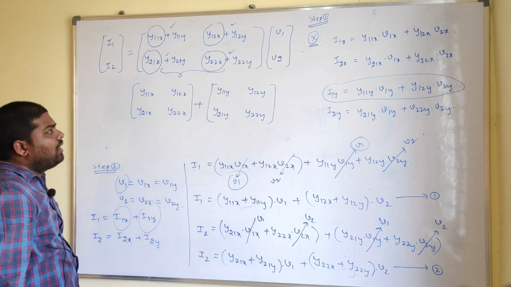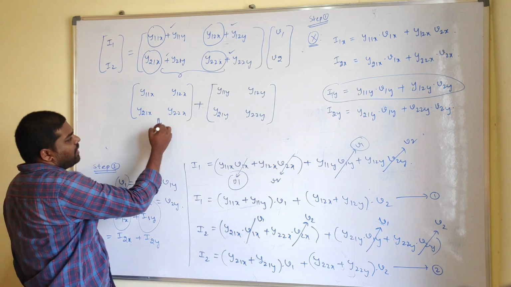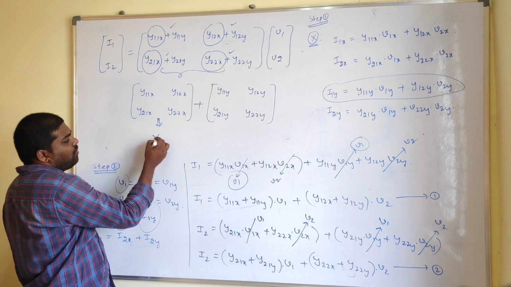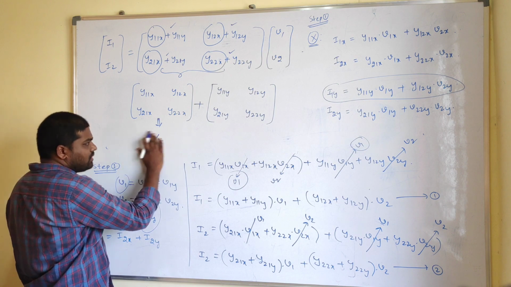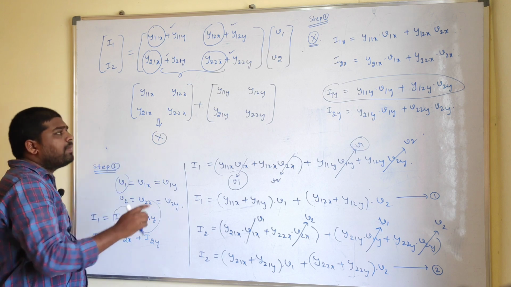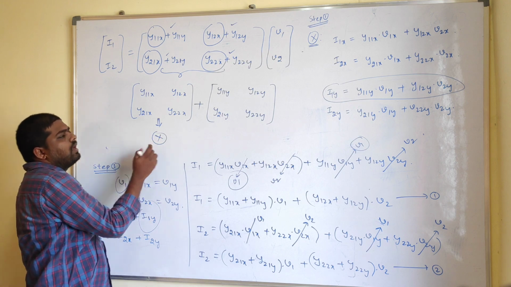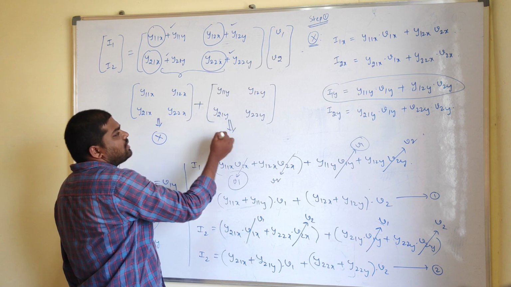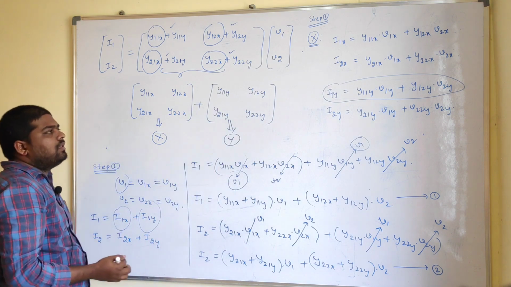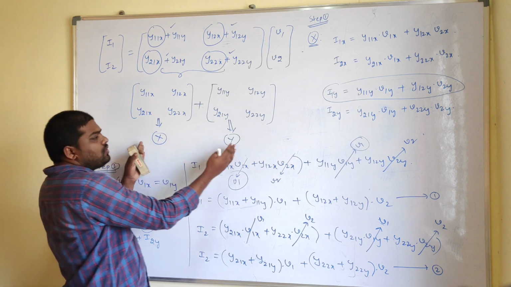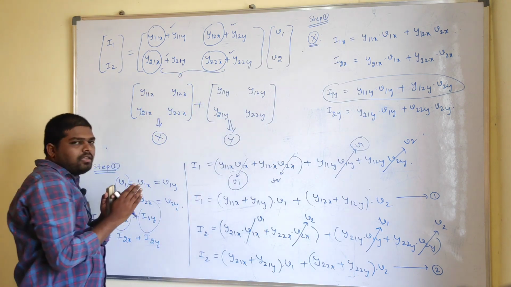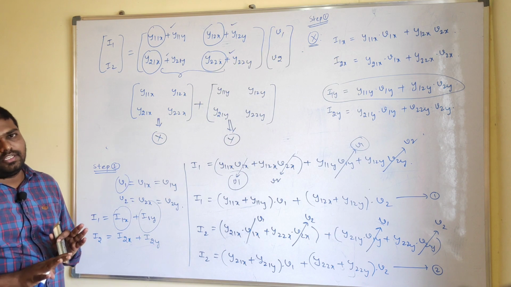This is the matrix of Y parameters of the X 2-port network, and similarly this is the Y parameters of the Y 2-port network. The addition of these two matrices gives the resultant matrix of the parallel interconnection.